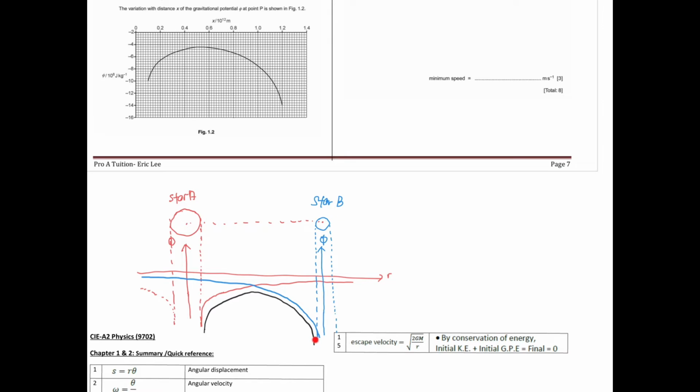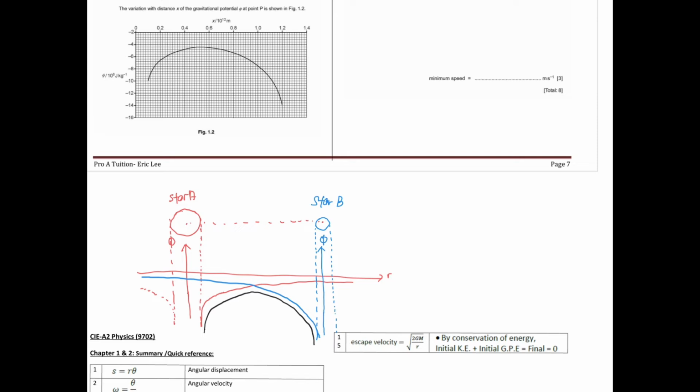Basically because of the overall effect of star A and star B. Imagine this value is -10, this is -1. You add up, so -10 plus -1 is -11, for example. It's that kind of concept.